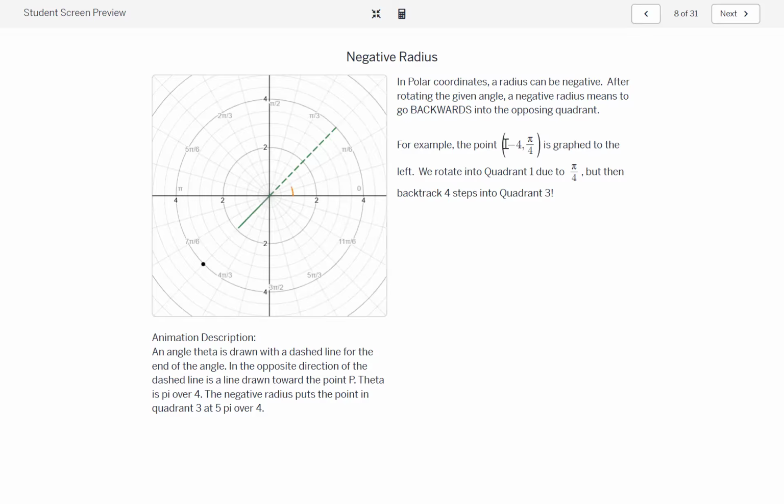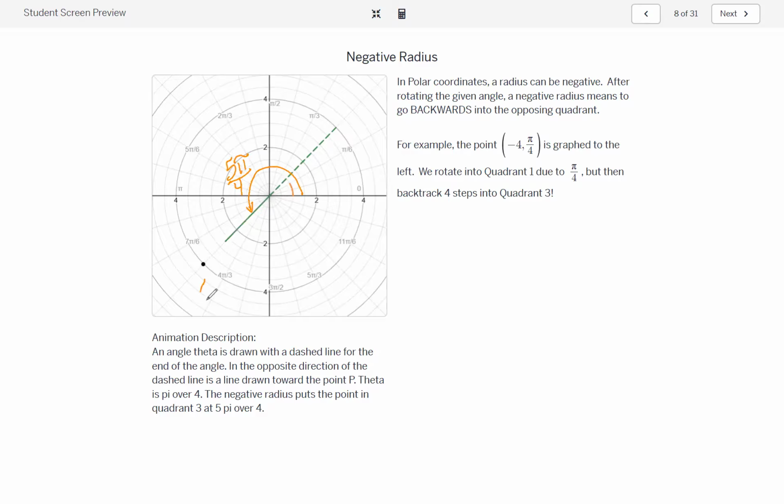Now we could write an equivalent point for the negative radius here. I could also measure that angle as a full pi radians plus the extra pi over 4. So if I go to 5 pi over 4, now I'm looking in quadrant 3, and then I would move forward 4 units.